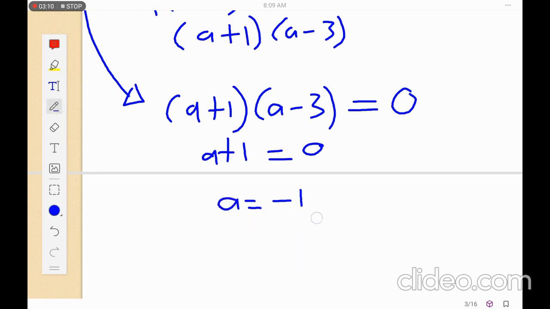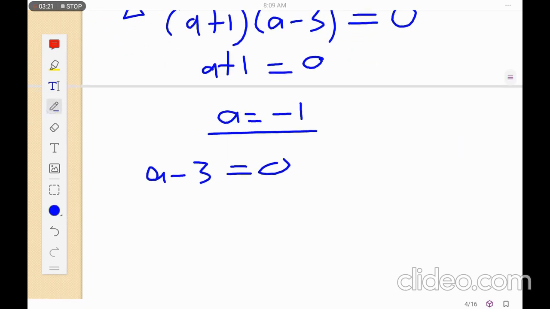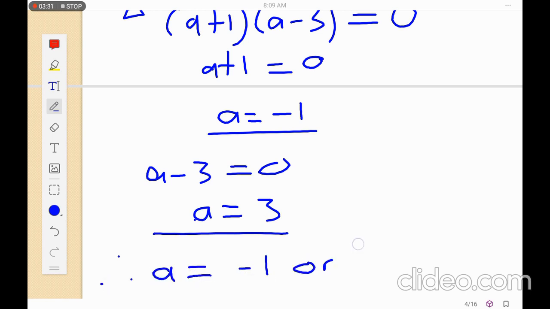Then we do the same for the other factor. a minus 3 is equal to 0, so a is equal to 3. So if we solve for our factors, our a values are equal to minus 1 or 3. These are the solutions that we have got.